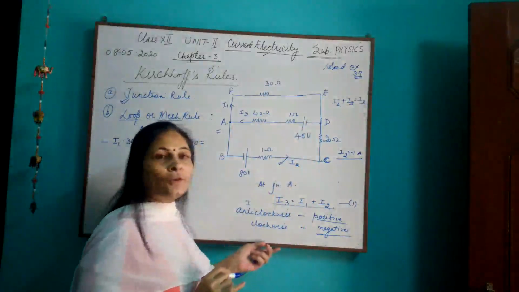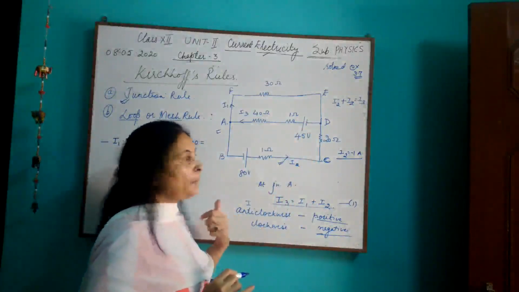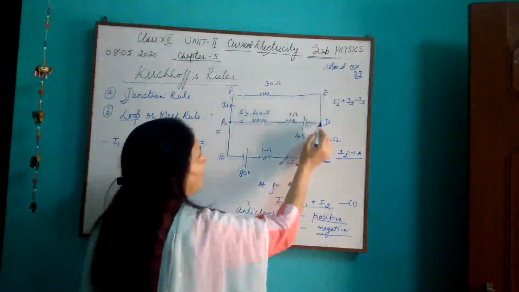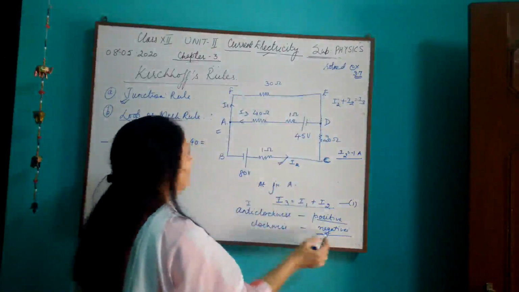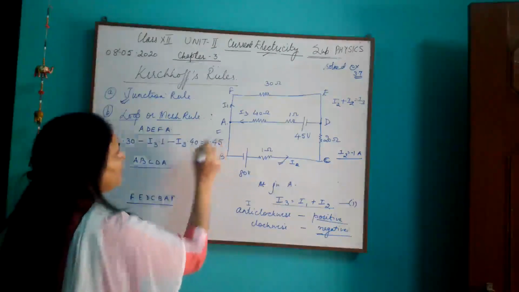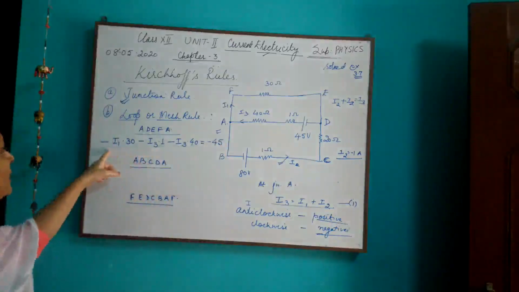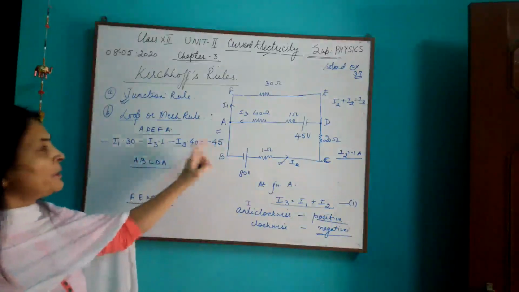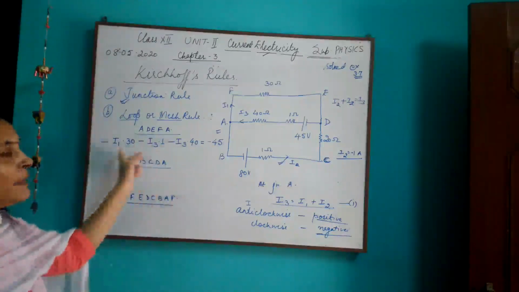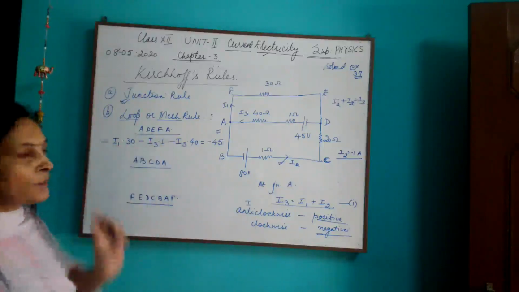Similar to what we have taken for currents, the same will automatically come for EMF also. See, clockwise. Clockwise means negative. That means minus 45. The total potential drop across each and every resistor must be equal to the potential being applied in that particular mesh. Signs taken as explained to you. So this is one equation.